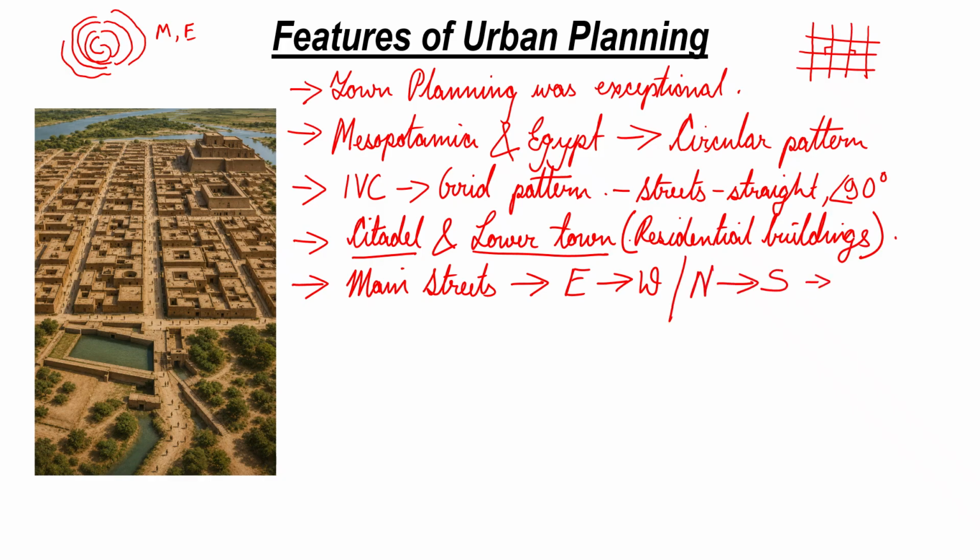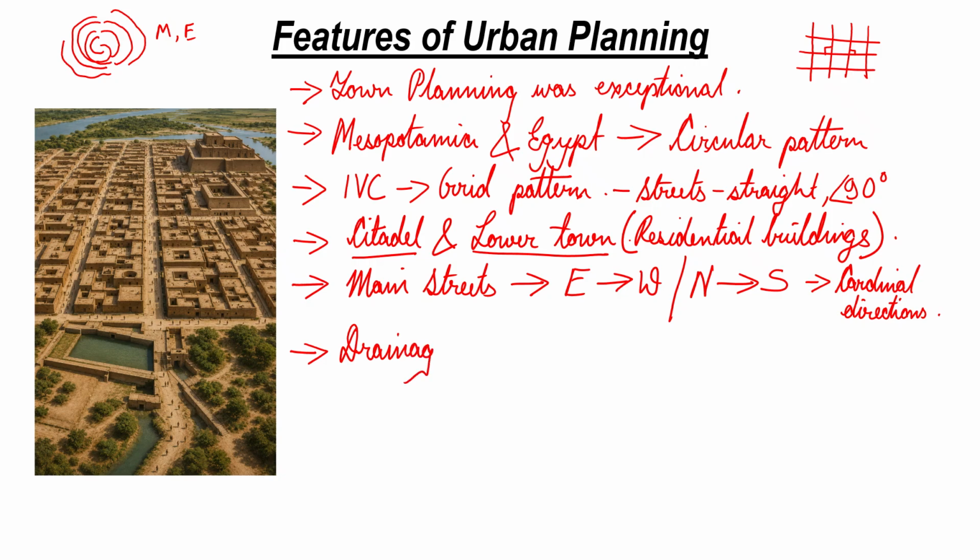So they followed cardinal directions. So all the streets were based properly on the cardinal directions. Means they had high knowledge about the compass, about the proper measurement of directions, how to find out proper directions.